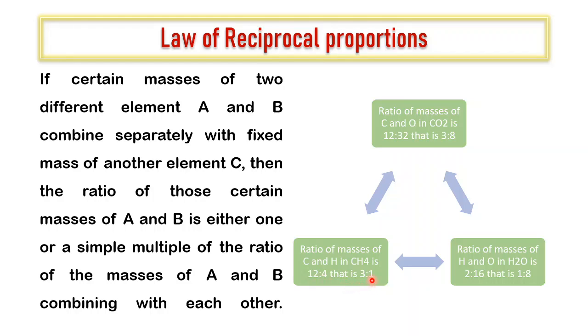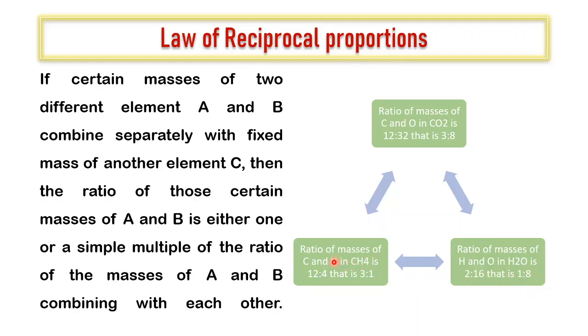Now if I consider the second case, keeping this B constant and combining with a third element, oxygen, hydrogen will combine with oxygen to give you H2O. The ratio of hydrogen and oxygen in H2O will come as 2 is to 16, and the simple whole number ratio as 1 is to 8.